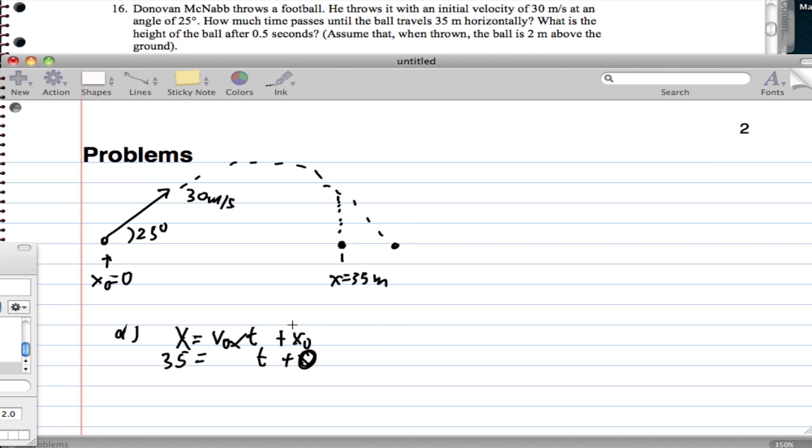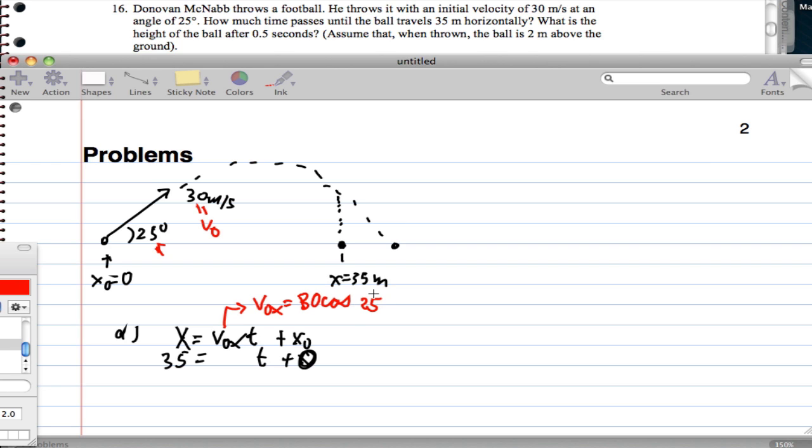Now I want to be clear on something. This v naught x, you actually have to be careful how you calculate it. V naught x is going to equal v naught times the cosine of that angle right there. So that's going to be 30 times the cosine of 25.